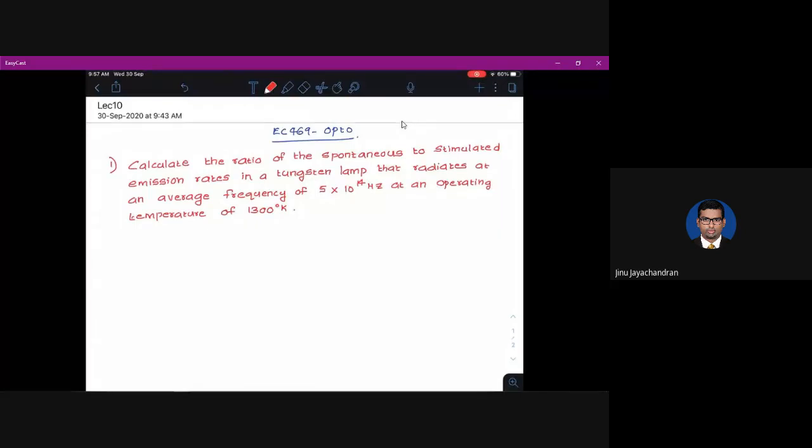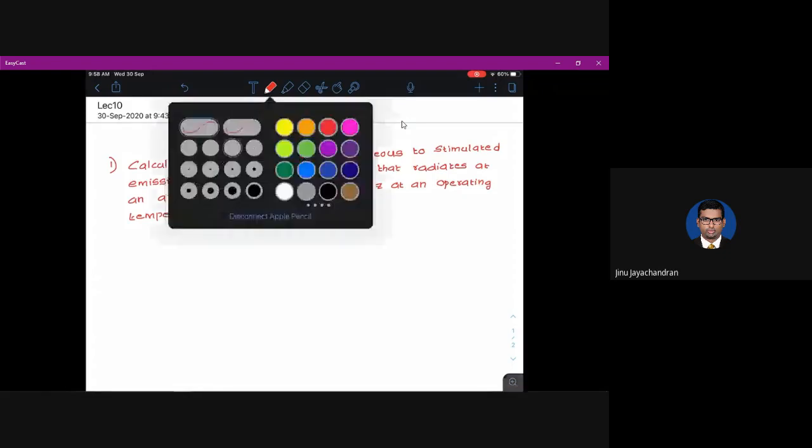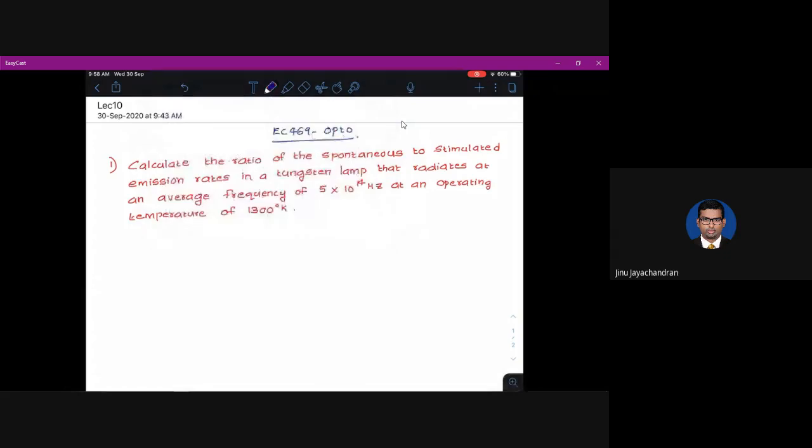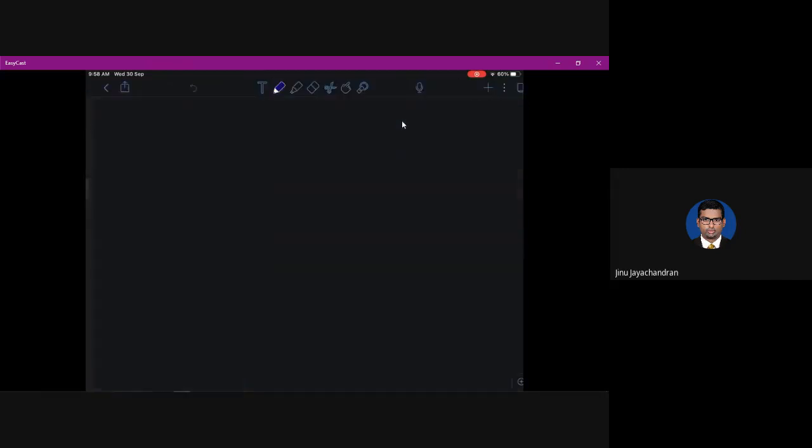We have seen the derivations where we derive the ratio of stimulated emission to spontaneous emission. So this is the ratio of spontaneous emission to stimulated emission. If you look at our old equation, we bring up that equation.